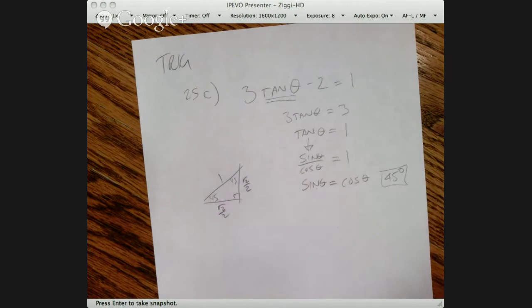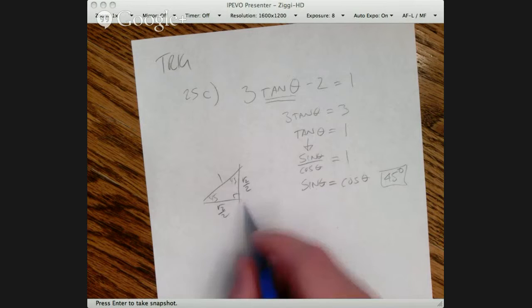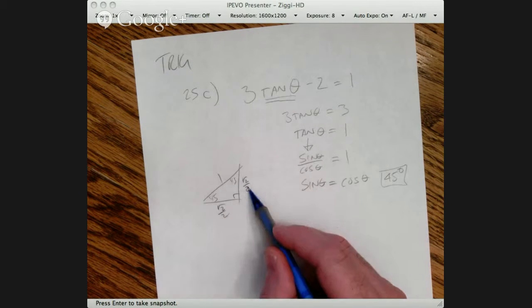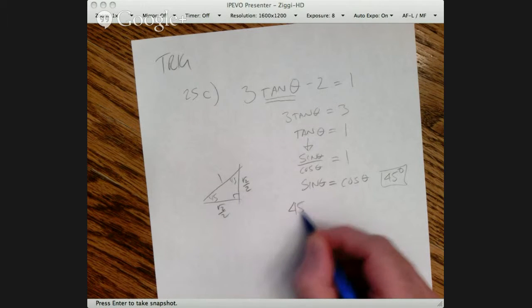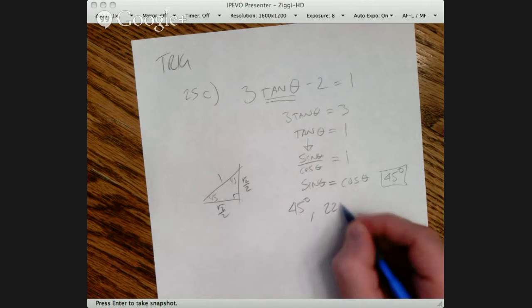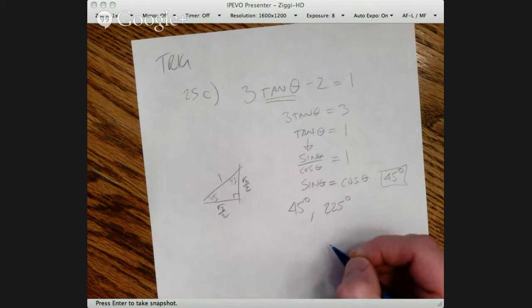But we have to remember that because we're looking at where they're actually equal to each other, the positives and the negatives are things that we're going to be looking for. So the only places on the unit circle where these two things are the same, including positives and negatives, are at 45 degrees because they're both positive, and at 225 degrees because in the third quadrant they're both negative. So those are the two values that you could find to make something like this work.